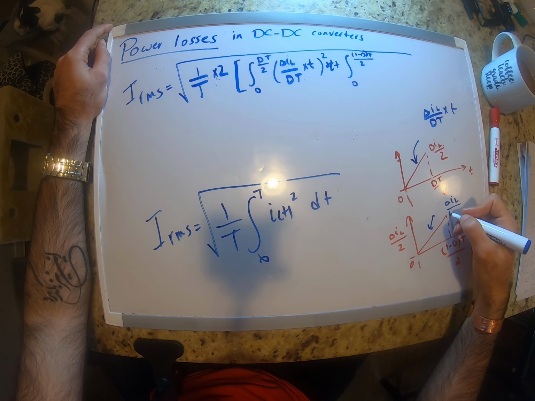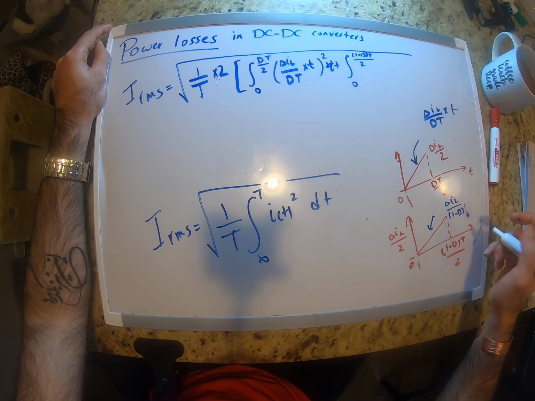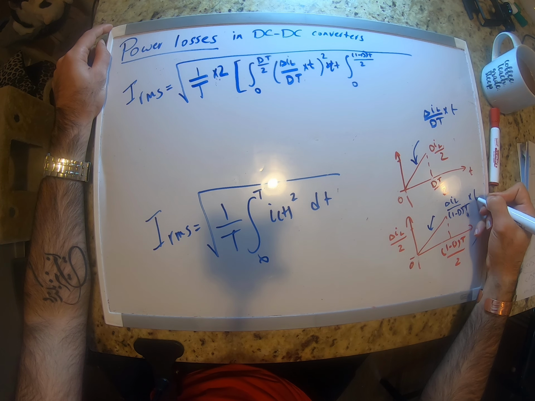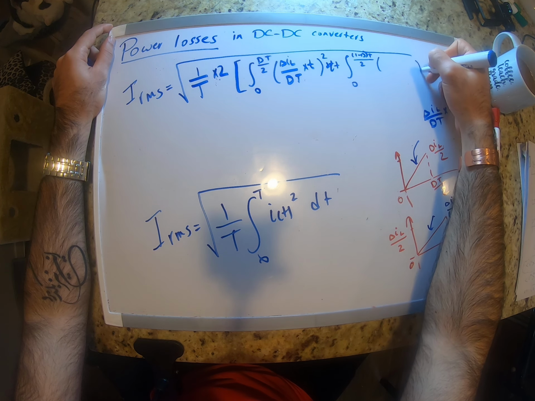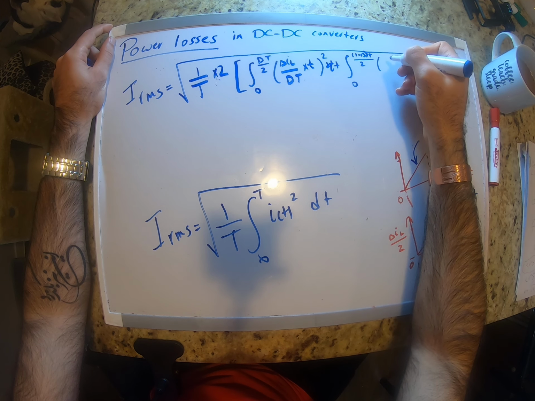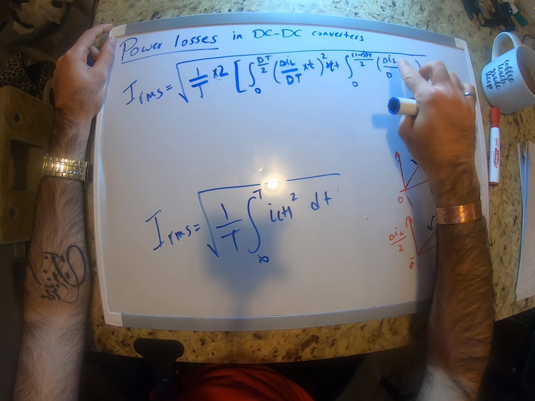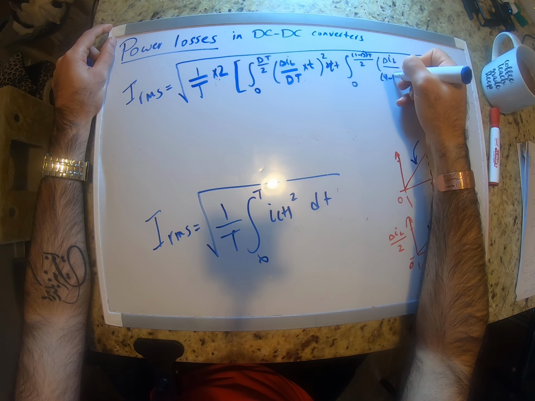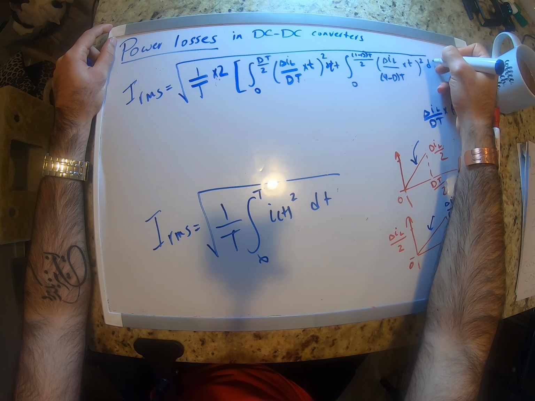That's the slope of this line. So capital T times t. That's the equation of this line. So then this is going to be delta IL divided by 1 minus d times T, times t divided by 2 dt.